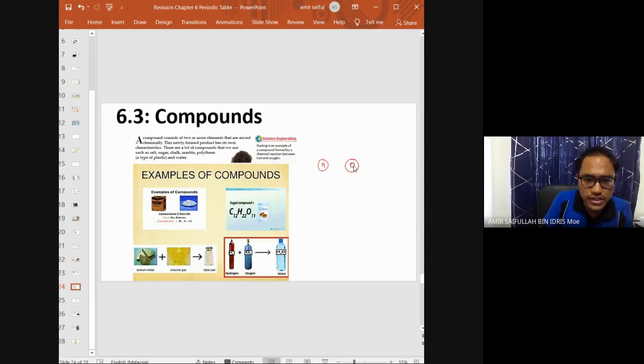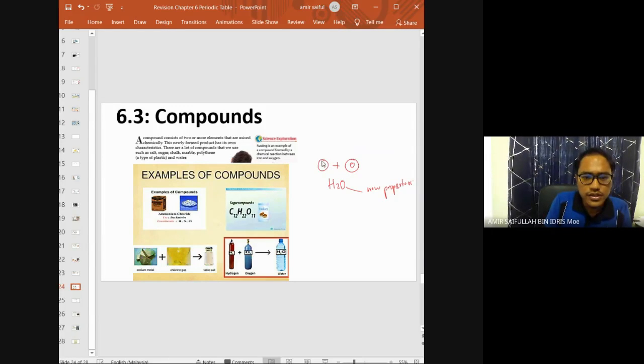When it mixes with oxygen, they are married together, they form H2O. Hydrogen has its own property, oxygen has its own property, while water, a new compound, has its own new property, which is different from its elements.